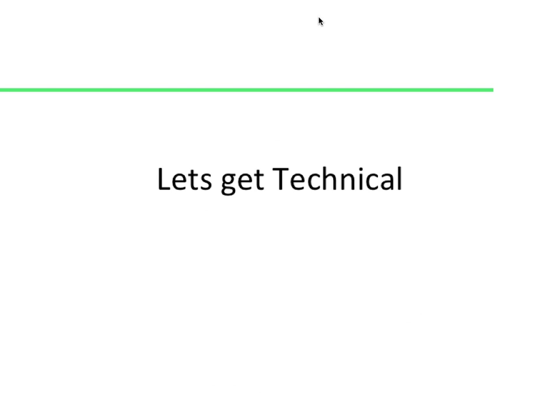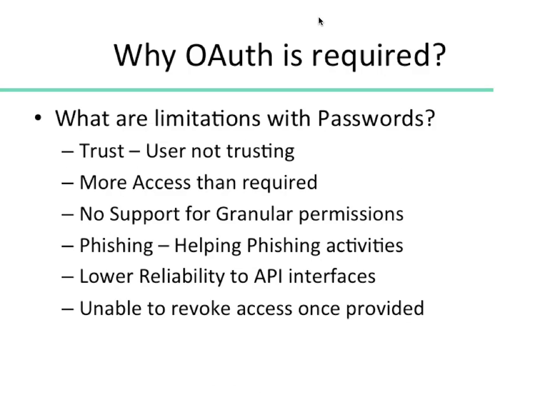Let's get a little bit more technical. Let's go over why you require OAuth, and it's a very thought-provoking list. Let's say we have got a site, we have got Facebook, Twitter, Foursquare, and these sites have the ability that if I provide a base64 encoded username and password, they can give me access to my stuff.